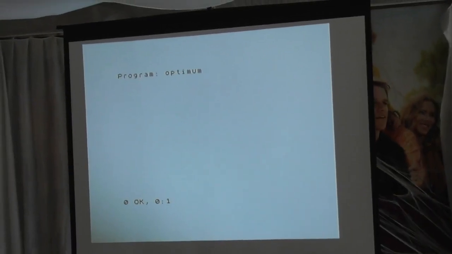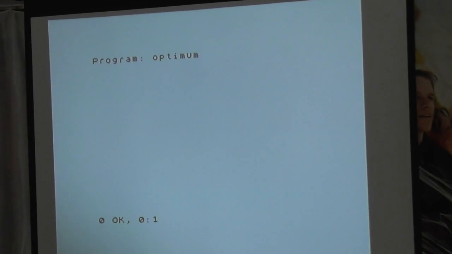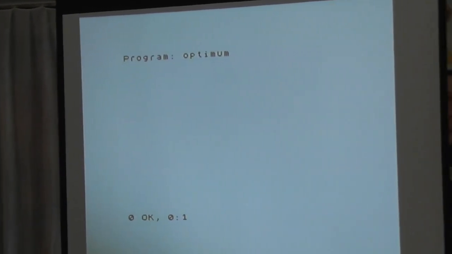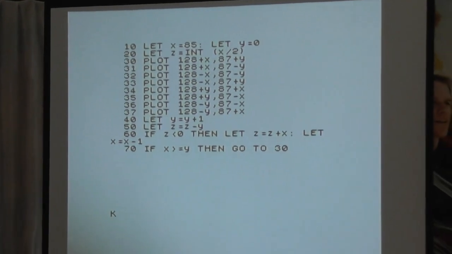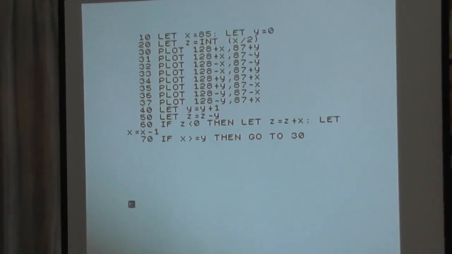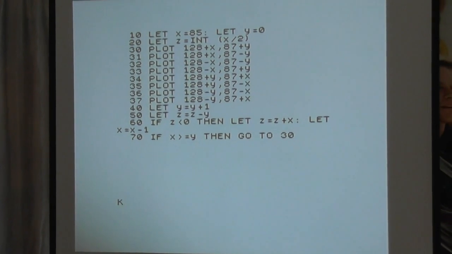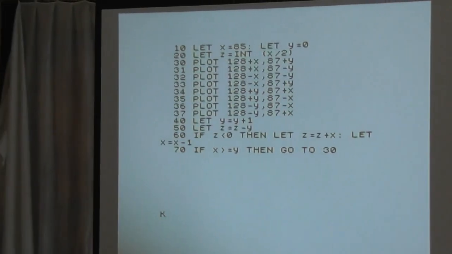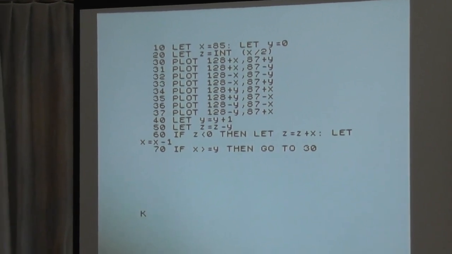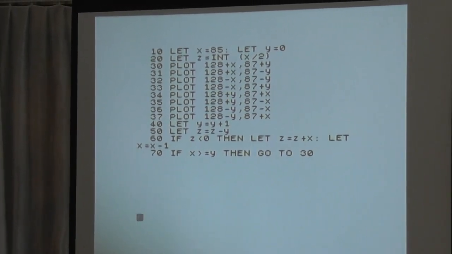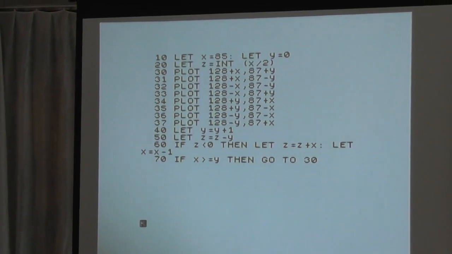So I'm calling it optimum because, as far as I know, this is the world champion circle drawing algorithm. You can see that it's super simple. In the inner loop, you only have one subtraction, and you have one increment, and that's it. Super simple.